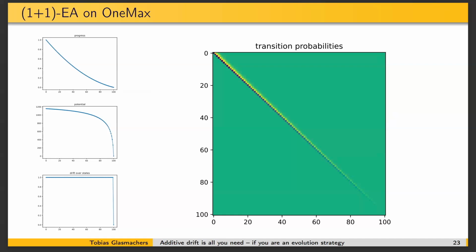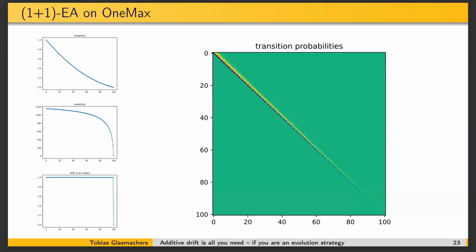So let's start with this figure. This is an illustration of the algorithm dynamics. We have 100 bits in our bit string, and this is the state before and after an iteration. And these are probabilities. I've subtracted 1 from the diagonal because otherwise the diagonal is so dominant that you don't see much. So essentially, most of the time, we stay where we are, which is the diagonal, but then we move to the right from time to time by typically very few bits. 1, 2, 3, probabilities go down quickly.